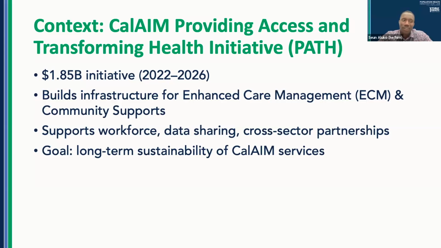Community supports are cost-effective and medically appropriate services that address social drivers of health. Examples include housing navigation services, medically tailored meals, sobering centers, and the list goes on. They're optional, flexible services that health plans can provide in lieu of traditional medical services.